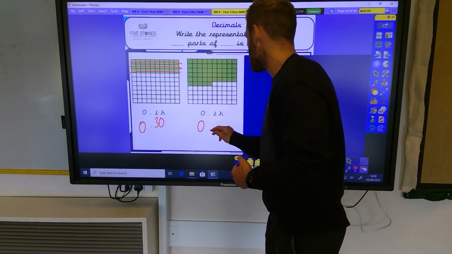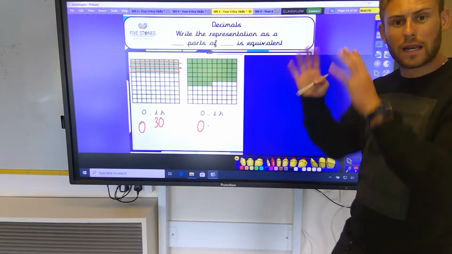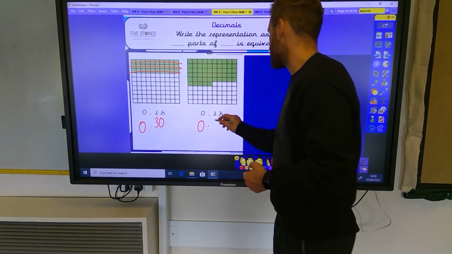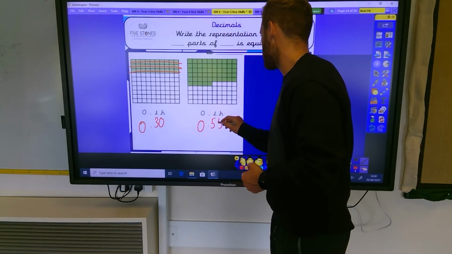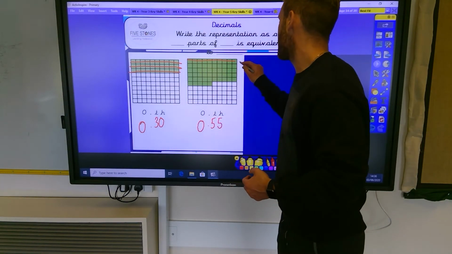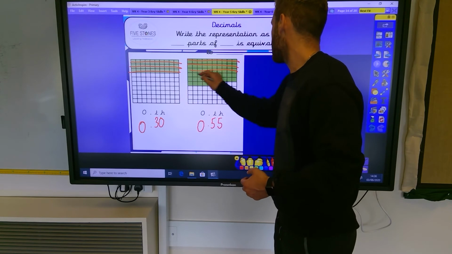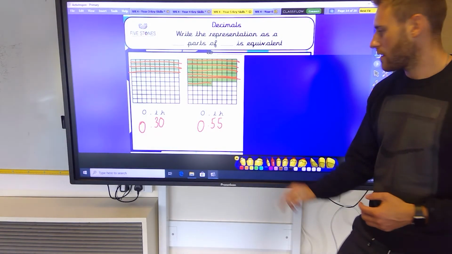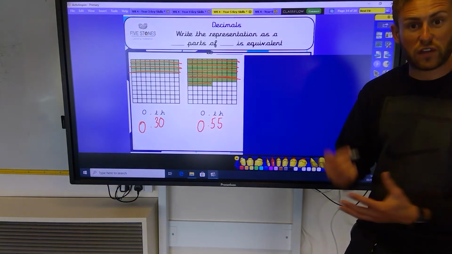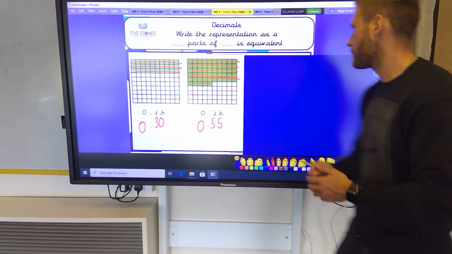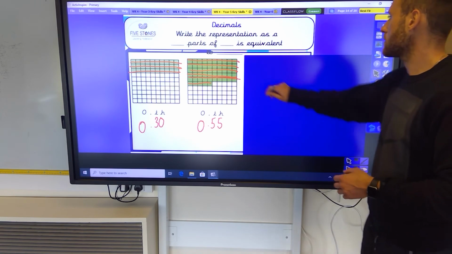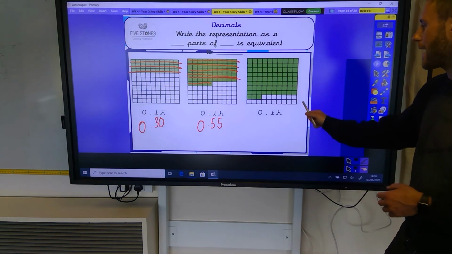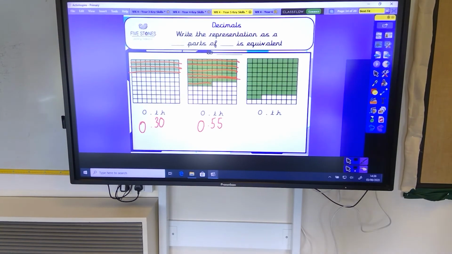There's no whole ones, no completely shaded grids, but there are 55 hundredths. 55 hundredths is the same as 5 tenths and 5 hundredths. They are the same. Off we go. Can you finish that decimal off there? Well done.